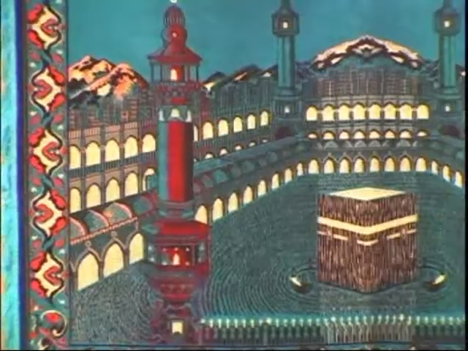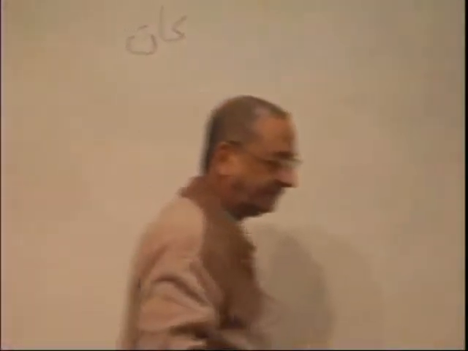Okay, brothers and sisters. Now we come to a very interesting lesson. In our last lesson, we did a little bit of ajwaf. We did 3 verbs. What were they? Qala, kana, and sara.